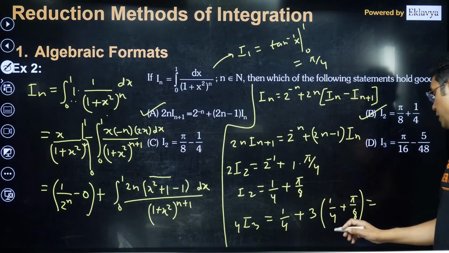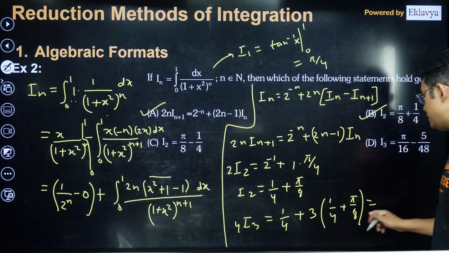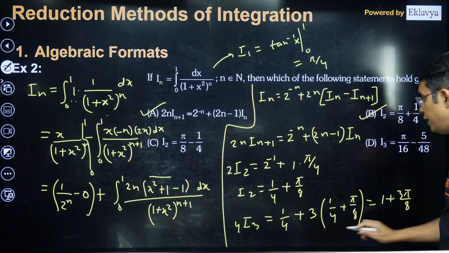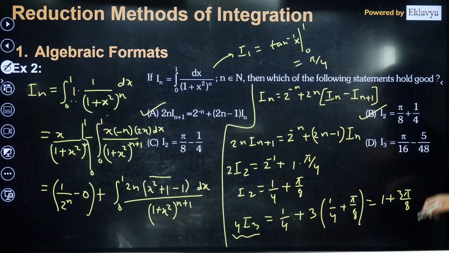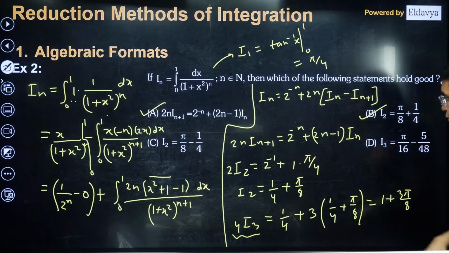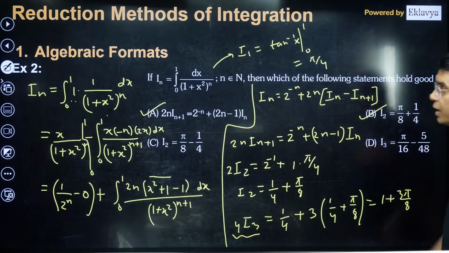So you can write 1 by 4 plus 3 by 4 as 1 plus 3 pi by 8. And this is the value for 4 times I3. If you are looking for I3, it will be 3 pi by... I think that option doesn't seem to be correct. Okay, maybe everything is fine. So only A and B are correct. You can check the calculation also.